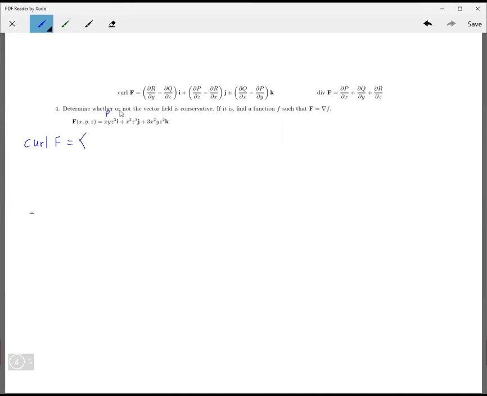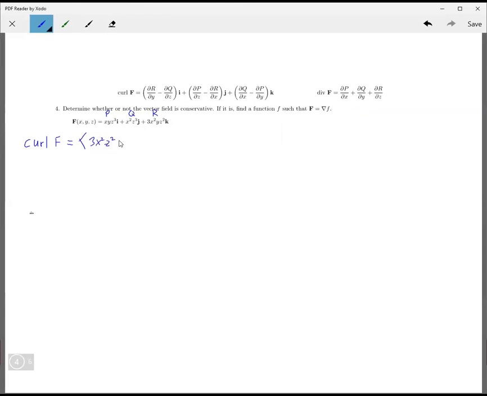So here's our P, and here's our Q, and here's our R. So the curl is this one here. We'll just look at this instead of rewriting everything. The first thing is dR/dy, and what's that going to be? 3x squared z squared.